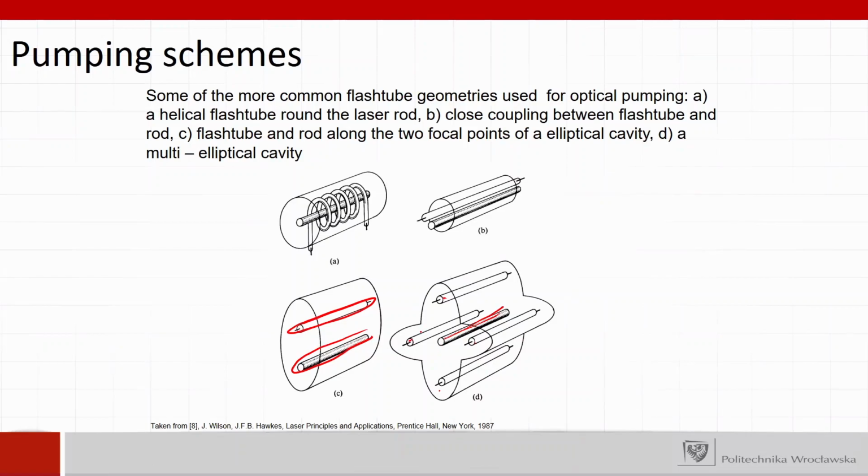Due to this elliptical shape, the light from the lamp will always be reflected so that it will be focused in the rod.